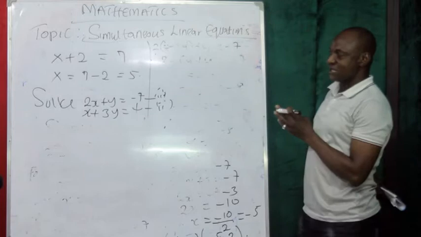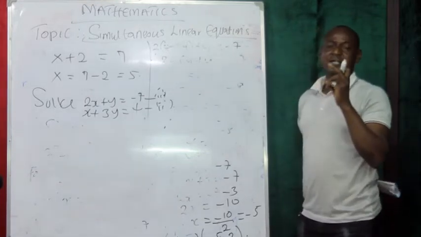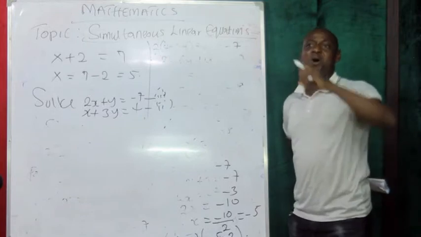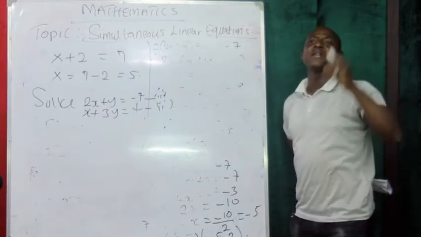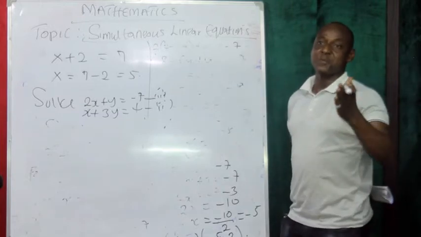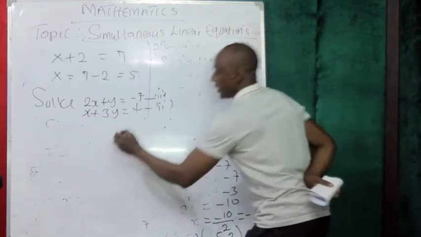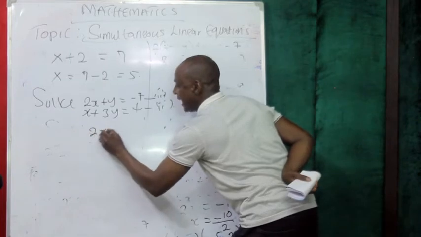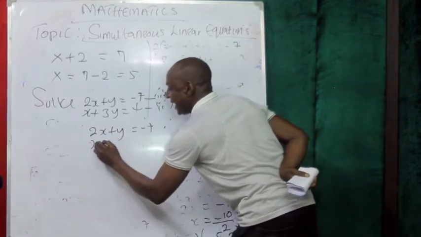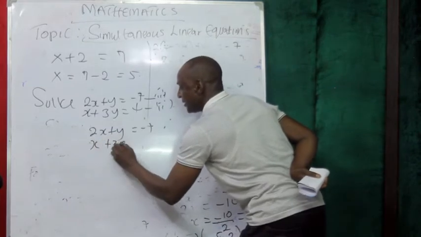So you can see that none of the coefficients is equal. In the elimination method, you must make sure that one of the coefficients of the variables is equal before you proceed and subtract. Now, you rewrite your equations as 2x plus y equals negative 7 and x plus 3y equals 4.